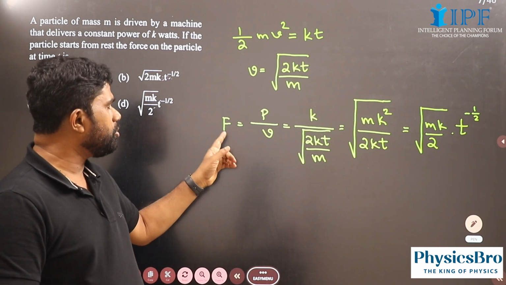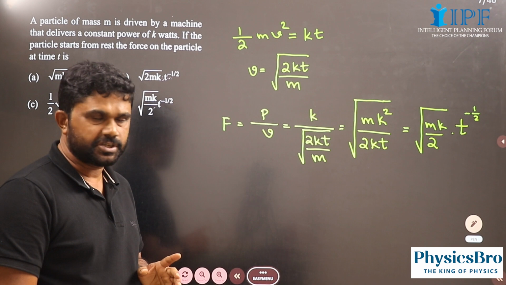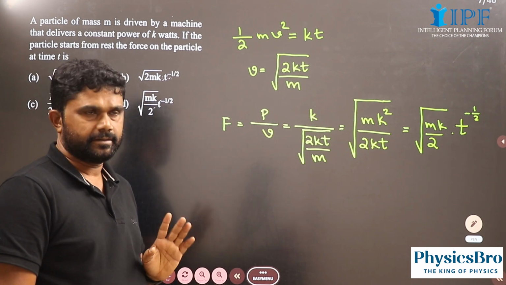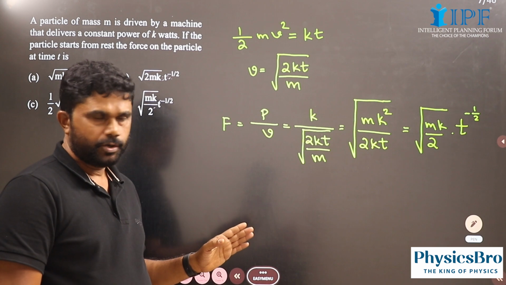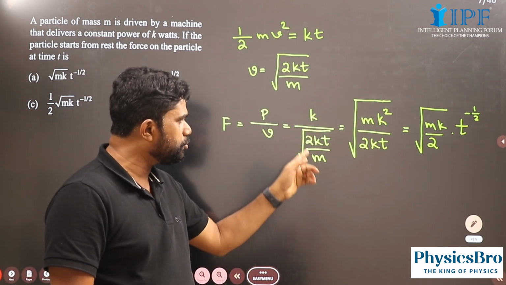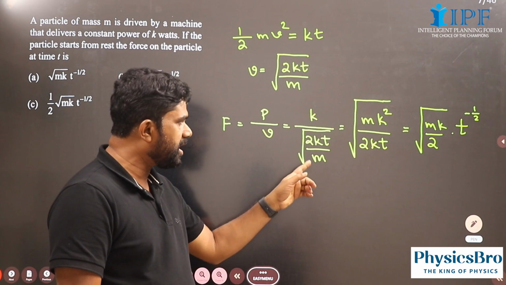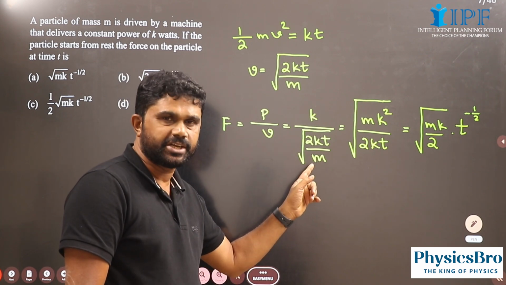Now force equals power divided by velocity, because power equals force into velocity. Power is given as k, and velocity we have got as under root 2kt by m. Now k divided by root of 2kt by m means we will have to multiply with the reciprocal of this term in the denominator.